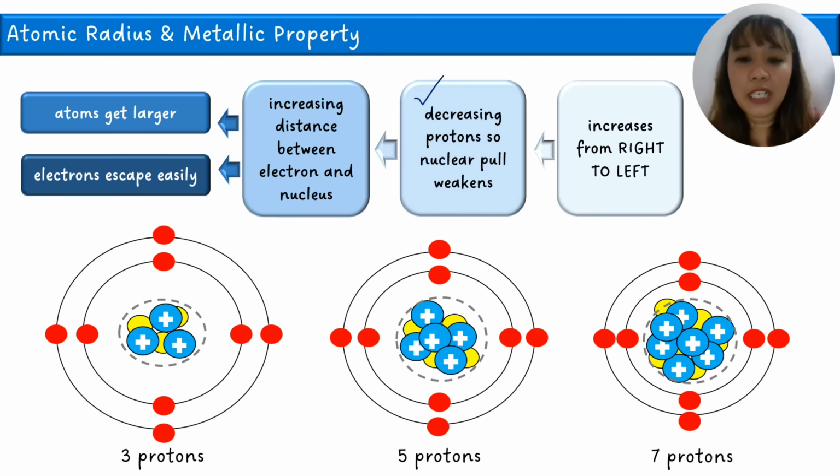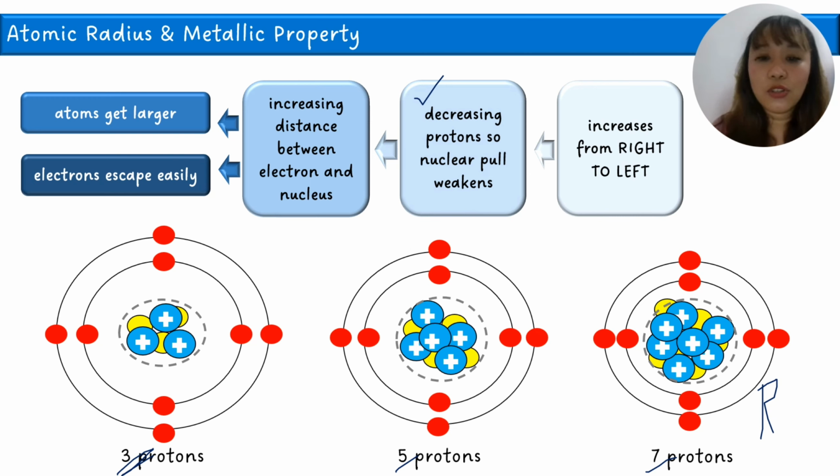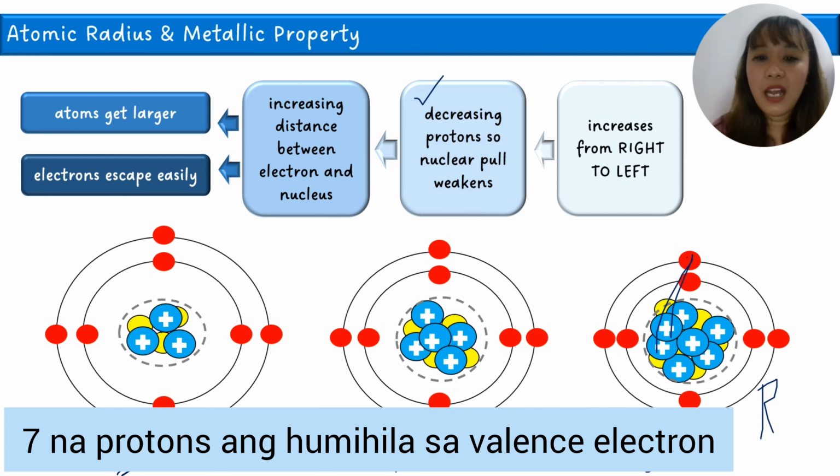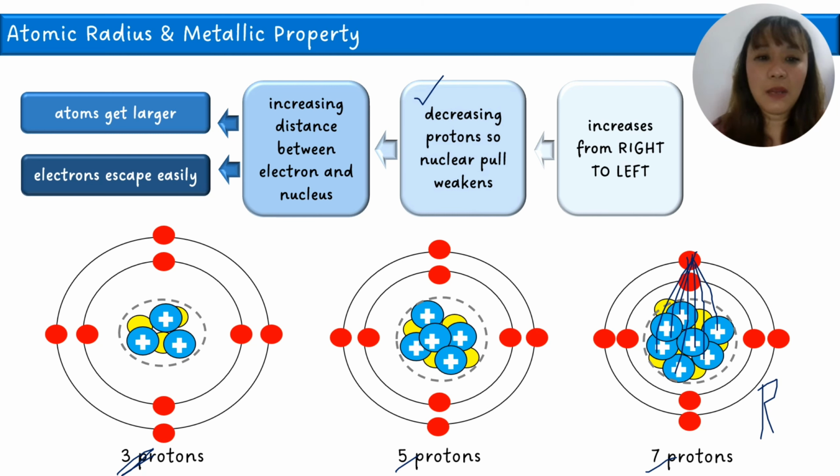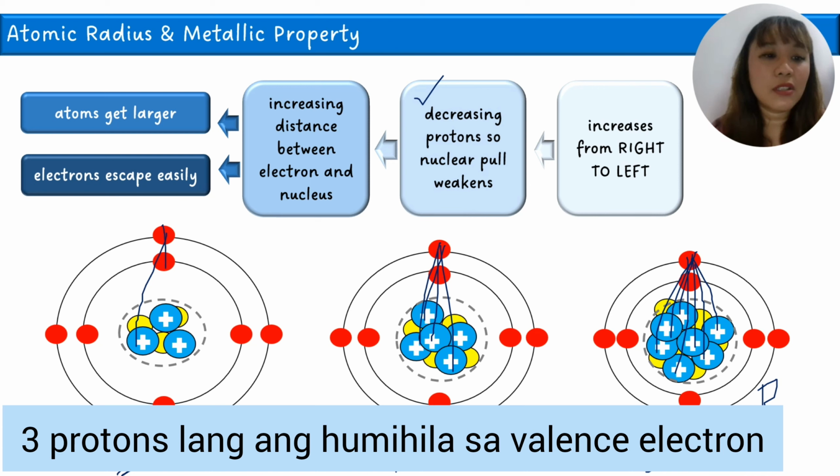For example, on the right side there are 7 protons, followed by 5, and then to the left, this atom has three protons. So because there are 7 protons here, those 7 are what pull the valence electron inward, closer to the nucleus. It is not just 5 anymore. And then in the last one, only 3 protons pull this valence electron closer to the nucleus.